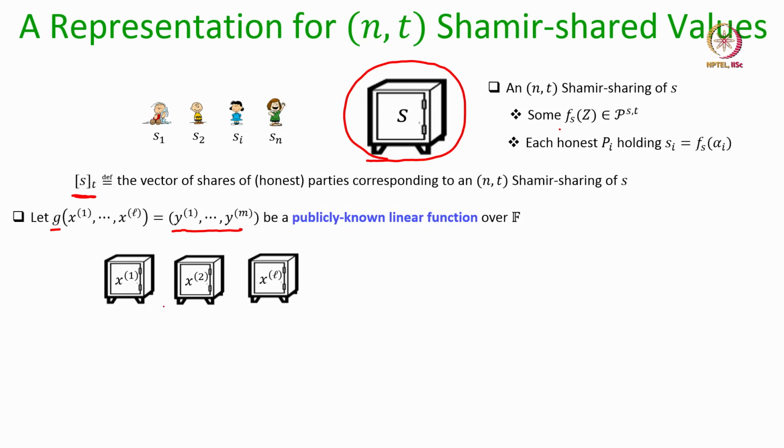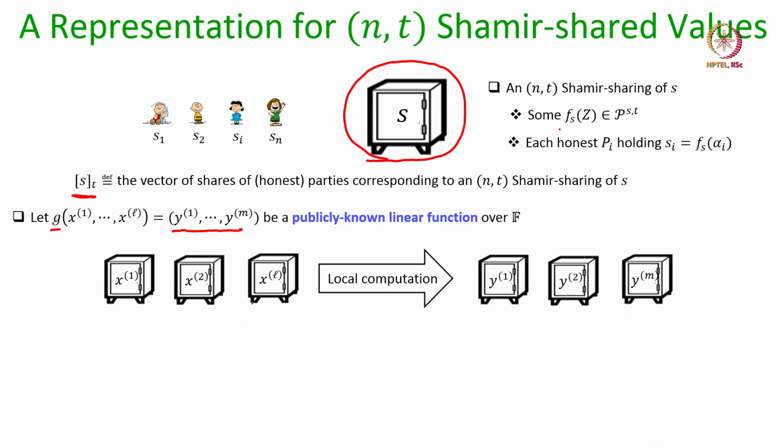So, that will be represented pictorially by the following representation. You have now the inputs for this function g in the box representation. That means, for x1 each party has its share, for x2 each party has its share, for xl each party has its share, and now the parties can locally apply the function g on its respective share of x1, x2, xl, which will help every party to obtain its share for y1, y2, ym, namely the output for the function g.